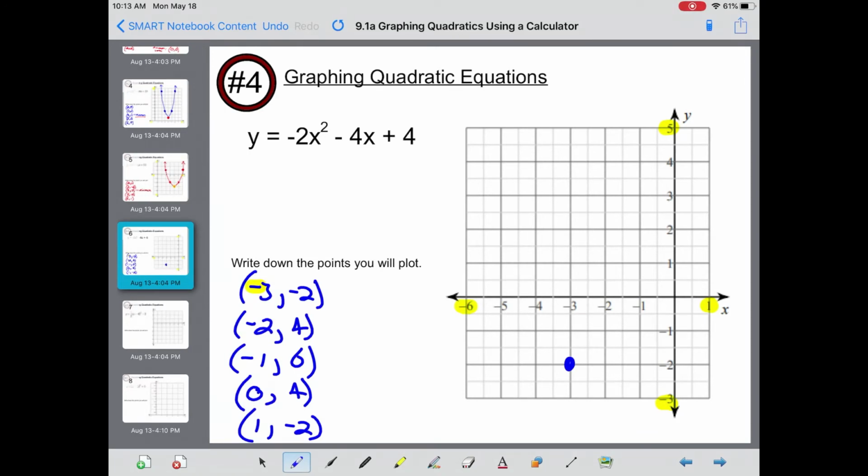Okay, left 3, down 2. Left 2, up 4. Left 1, up 6, so this one is actually off the graph. 0, 4, and 1, -2.